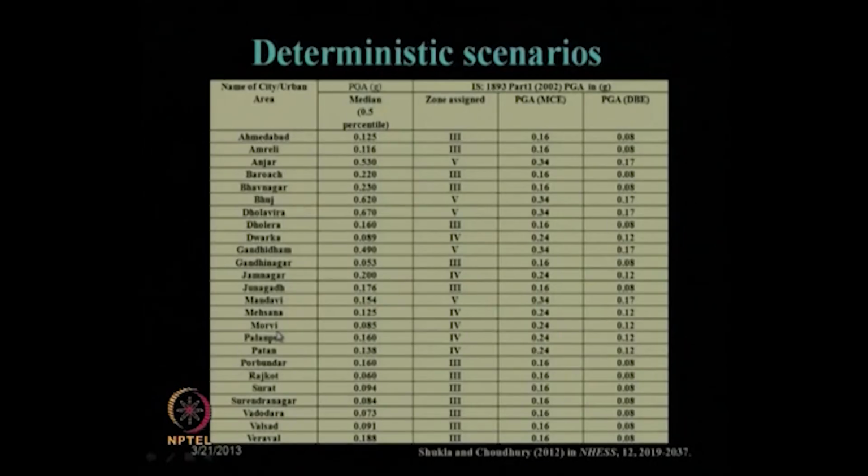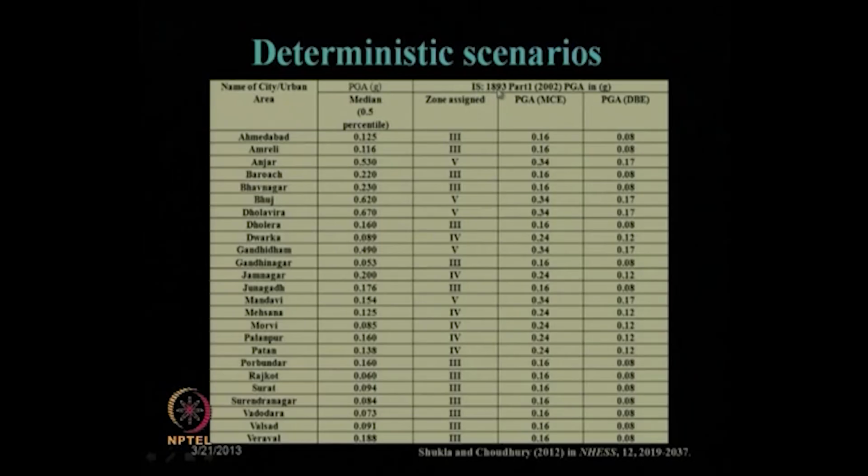In this deterministic scenario, when we compare all the 25 urban cities or urban areas, these are the median or 0.5 fractile or 50th percentile PGA values which we obtained from our present analysis, in units of g. For Ahmedabad it is 0.125 g.